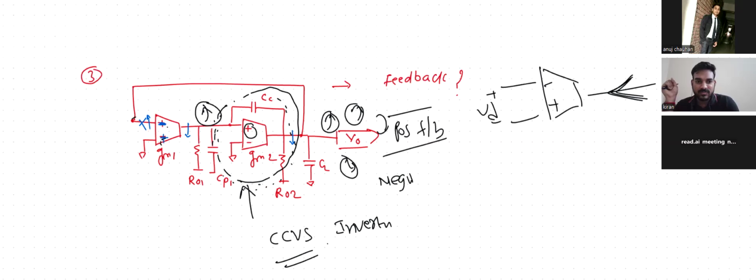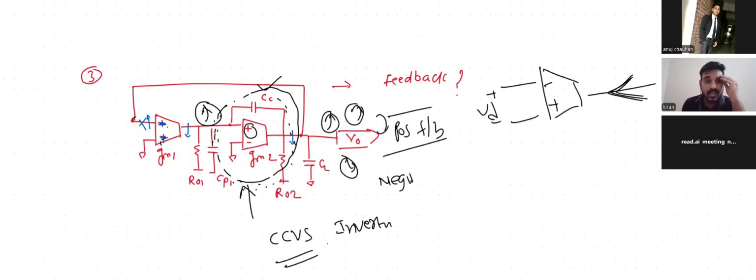What about the inner loop? Where is the inner loop? This one. But we generally take care of this in inverting, because the current has to be converted into voltage.